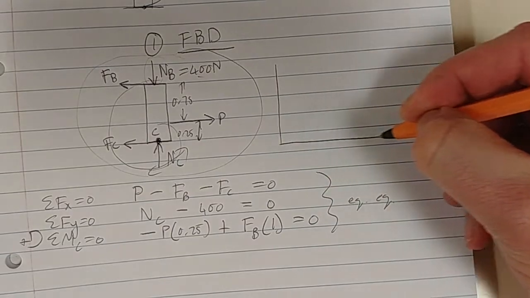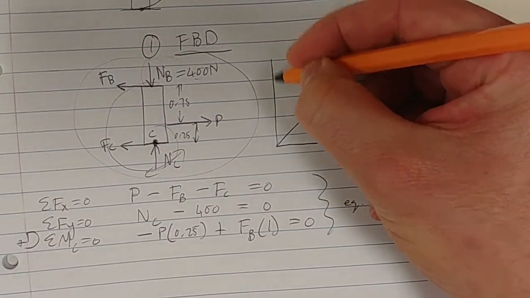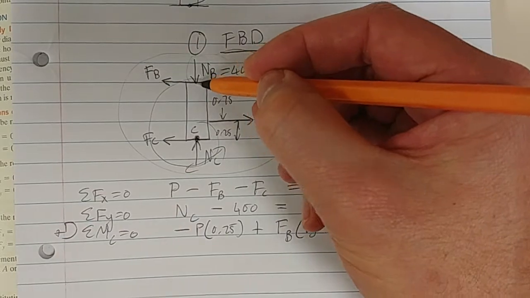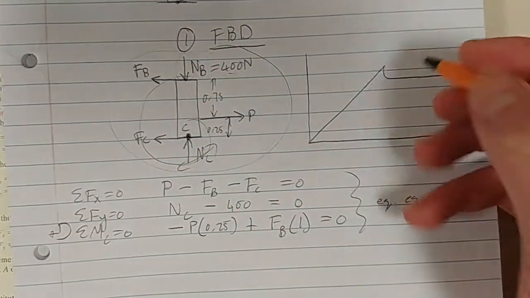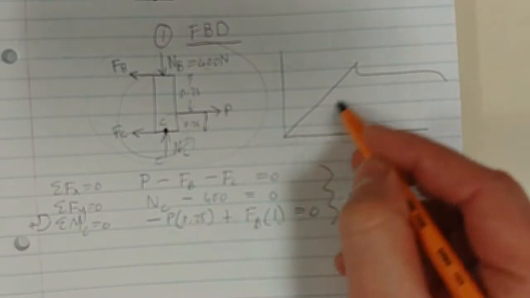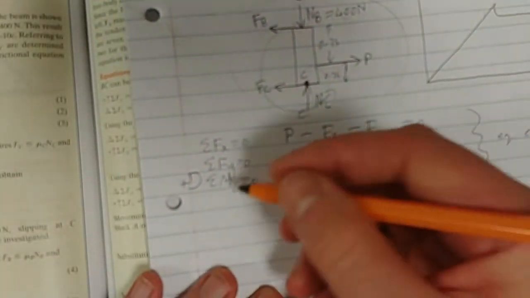So remember, if we draw this graph like that, we assume impending motion at that point and not at that point, which means that point is over here on our curve, but that point is somewhere here on our curve. All right? So let's assume that.